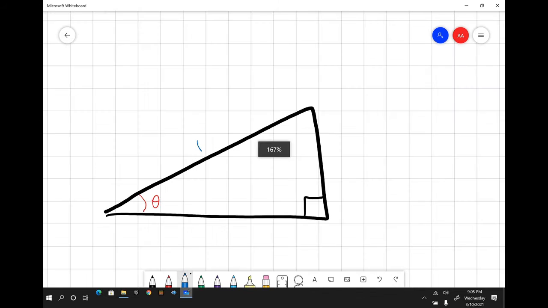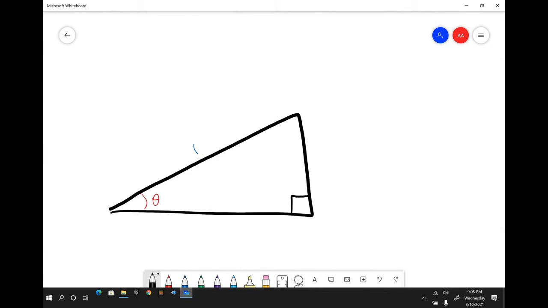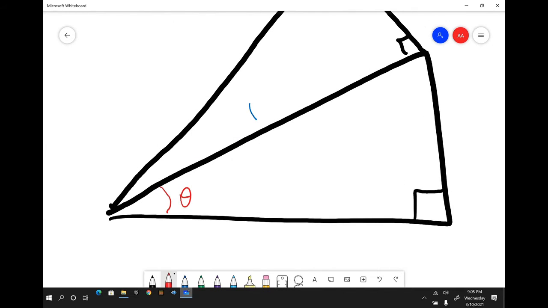But this time I'm going to make another right triangle where the hypotenuse of the triangle we have drawn here will be the base of this new right triangle. So it's going to look like this. The right angle here. And let's say that we have some angle phi here.